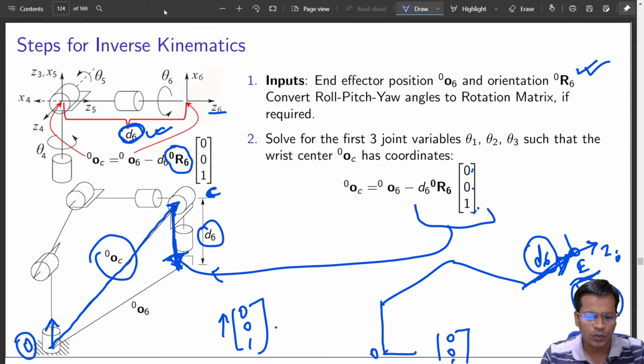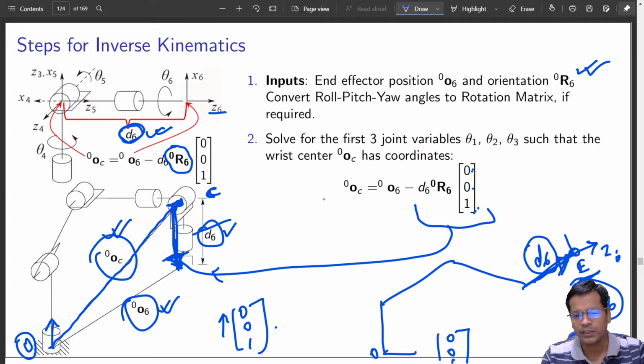Now I simply have to find this vector, the wrist center point location. What I know is this: we already know this because we know the end effector position. We now know the D6 vector, which is directed like this. I can calculate this using a vector equation.